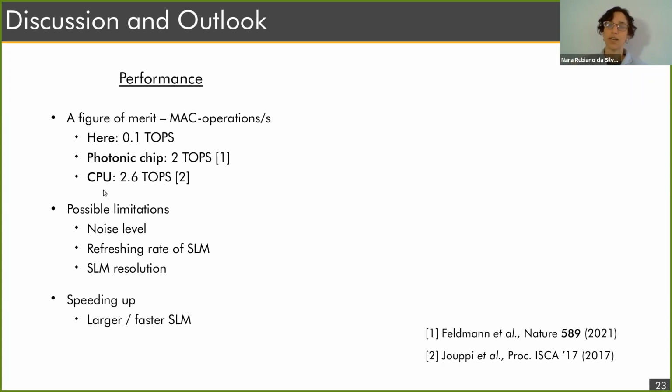However, there are also very nice, let's say, advantages in our optical scheme here that I have to mention as well.